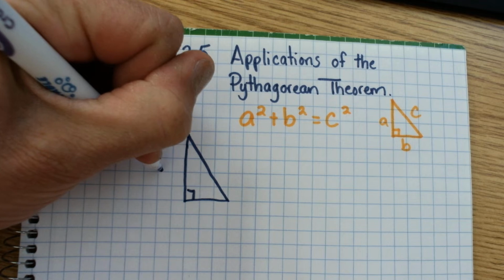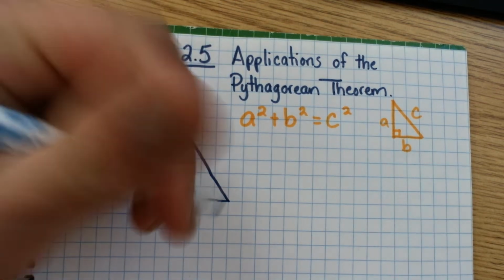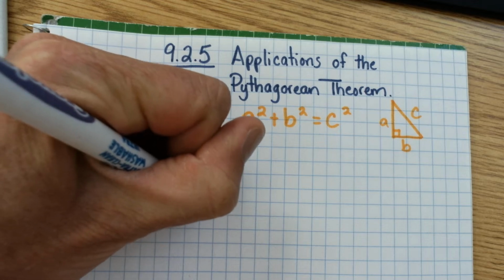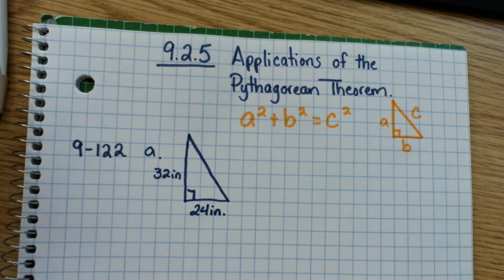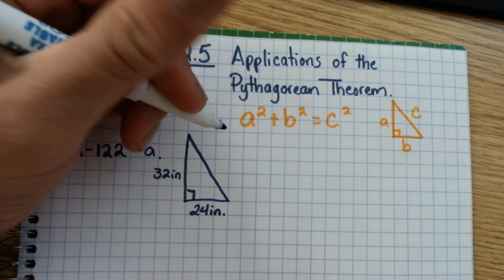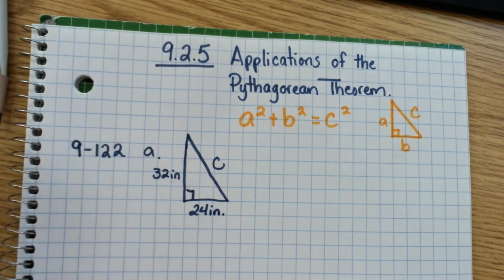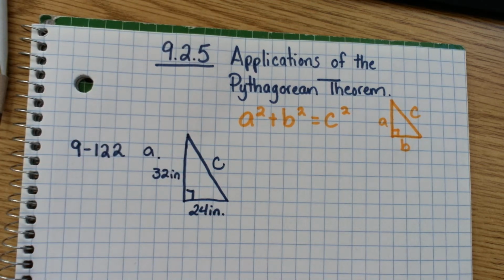We know that its height is 32 inches and its base is 24 inches. What we don't know is this diagonal side, which in a right triangle we call the hypotenuse or side c. So we are going to use the Pythagorean theorem to figure this out. I'm also going to grab my calculator here and have it handy.